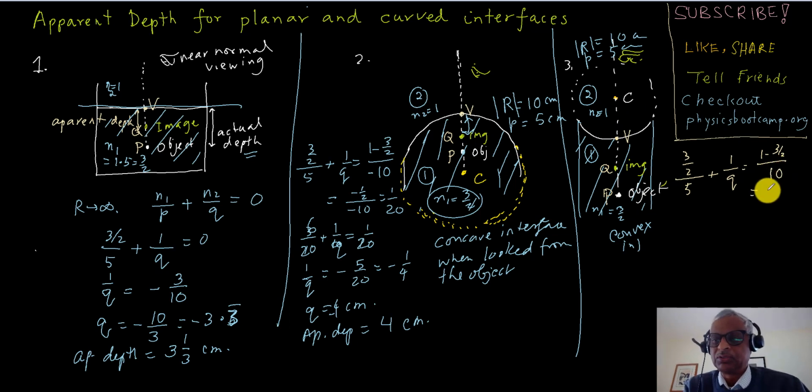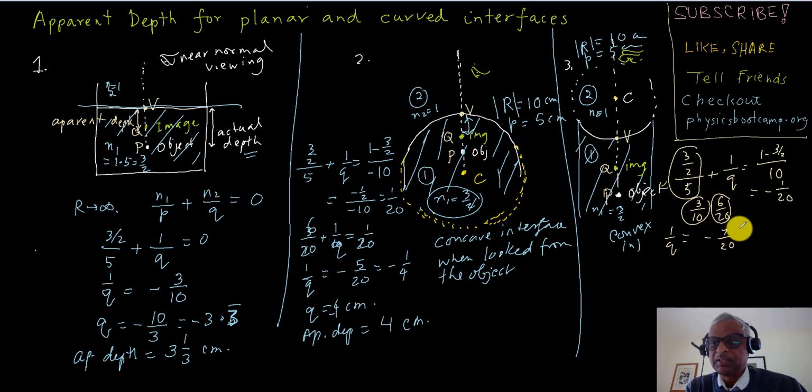So this is going to be minus 1 over 20, not plus 1 over 20. And this will be 3 over 10, which is 6 over 20. So 1 over Q equals minus 7 over 20. So Q equals minus 20 over 7.